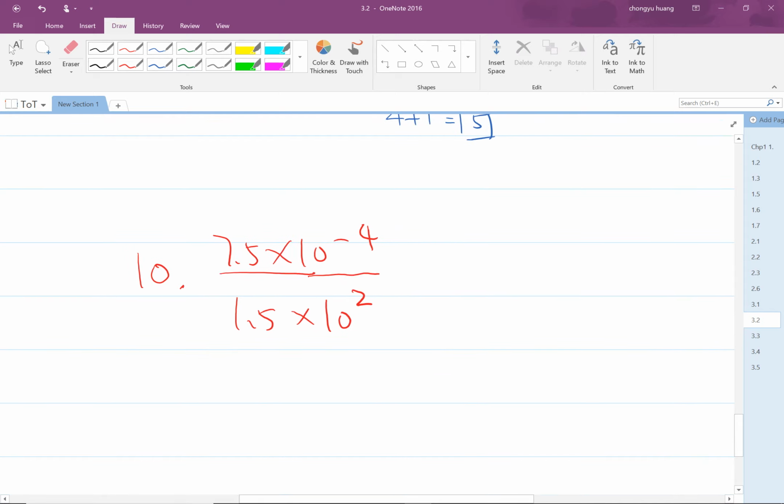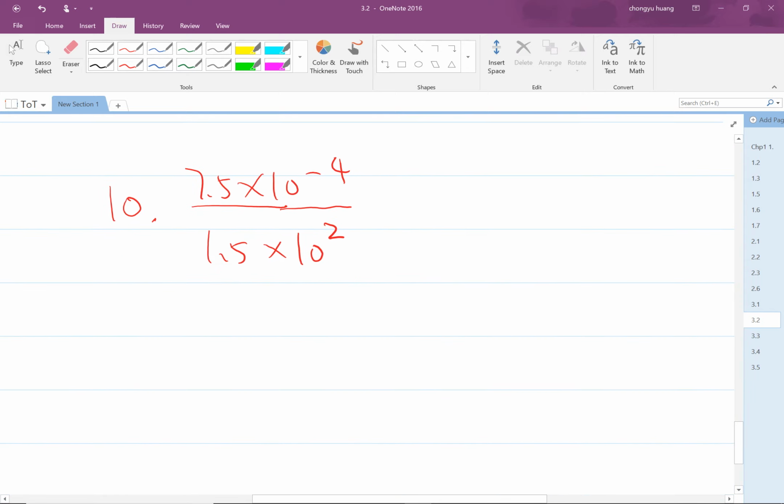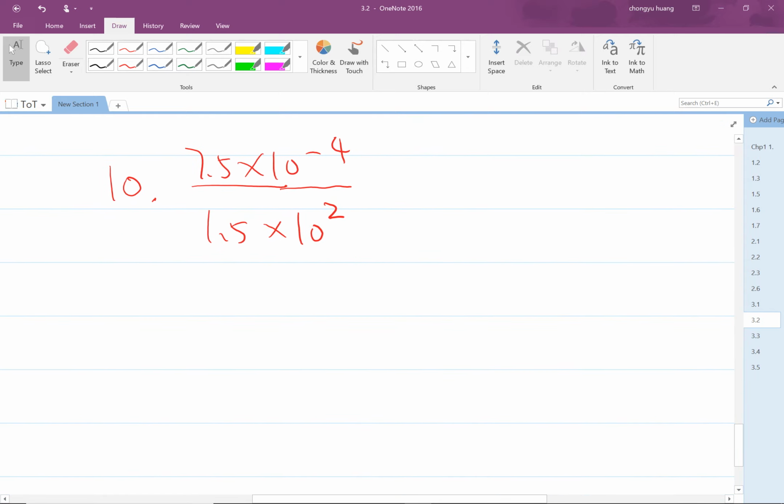So question 10 is almost the same thing. I think it's quite similar. What we have over here is 7.5 divided by 1.5, and then we multiply 10 to the power -4, and then divided by 10 to the power 2, right?